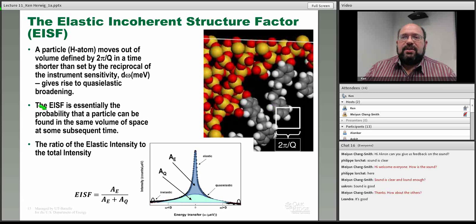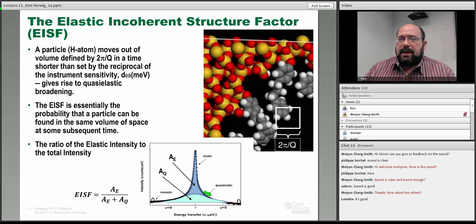So it's essentially, as I put here, the probability the particle can be found in the same volume of space at some subsequent time. When the particle diffuses out of this volume, in a time that's faster than is set by the inverse of the resolution function of your instrument, you will measure quasi-elastic broadened spectra.